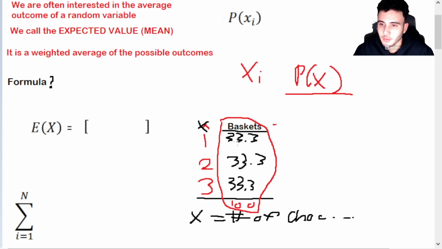So knowing this, based off this survey, we can find the probability distribution.